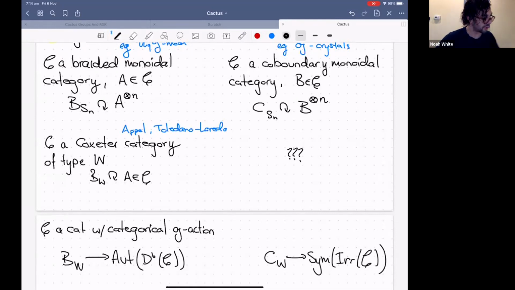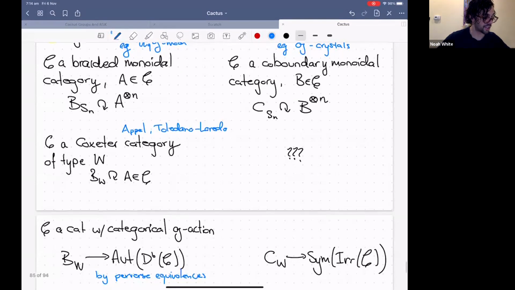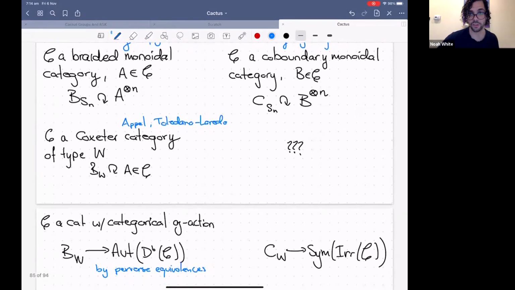Well, this action happens by perverse equivalences on the derived category of C. Okay, this induces an action of the cactus group on the set of irreducibles in C.